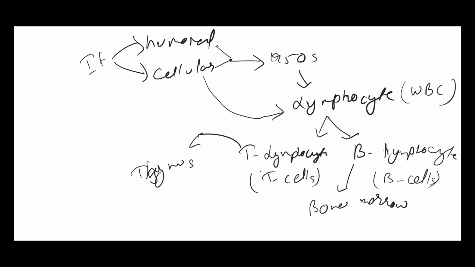So basically these T cells are responsible for fights, cellular immunity. T cells provide us cellular immunity, and B cells produce the antibody.